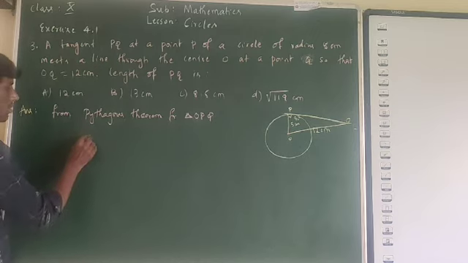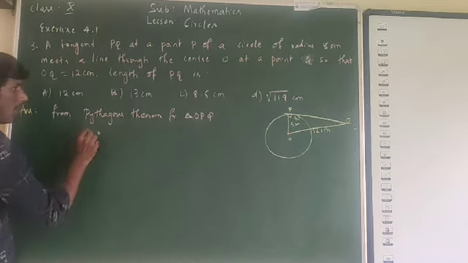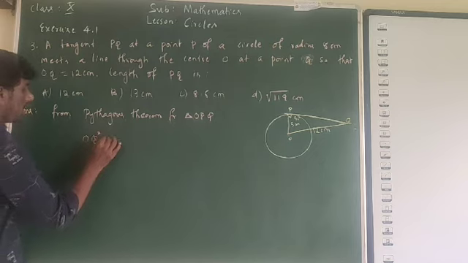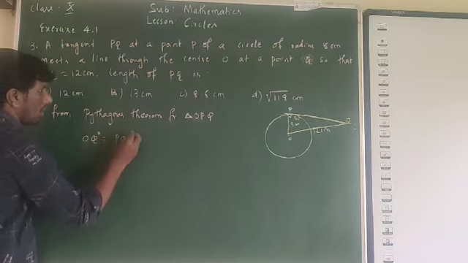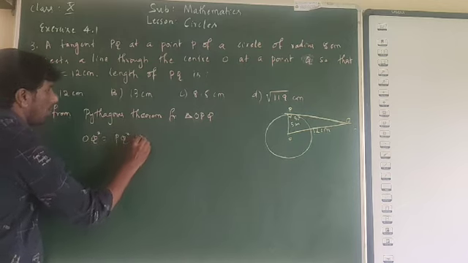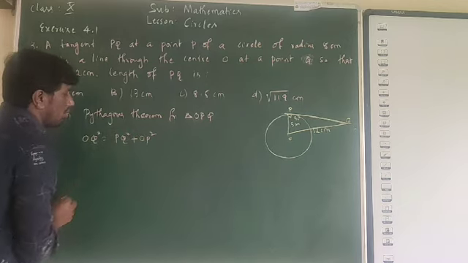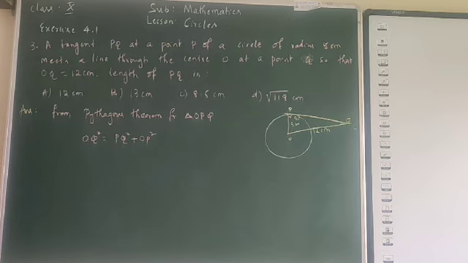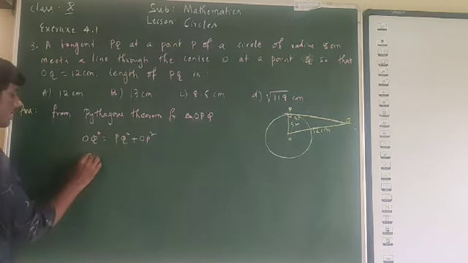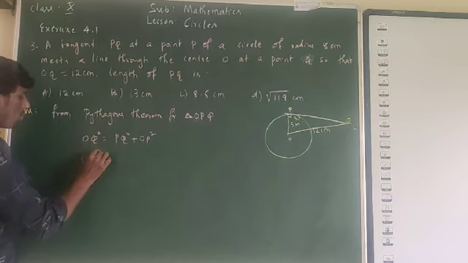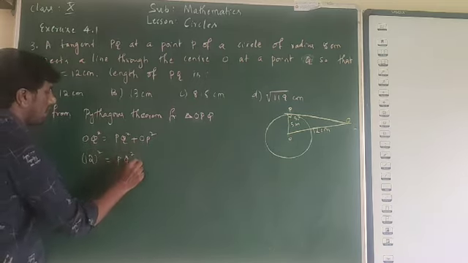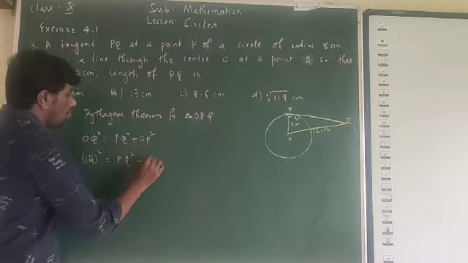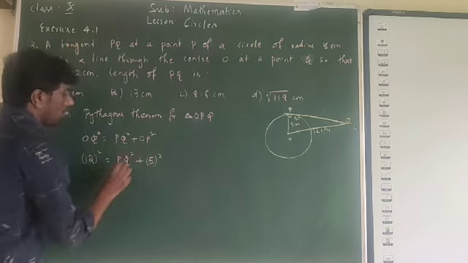We can write the square of the hypotenuse side, OQ, is equal to the sum of the other two sides, PQ square plus OP square. Now OQ is given as 12 centimeters, that is 12 square. PQ we don't know, we need to find it, so write it as it is. OP is 5, so it is 5 square.